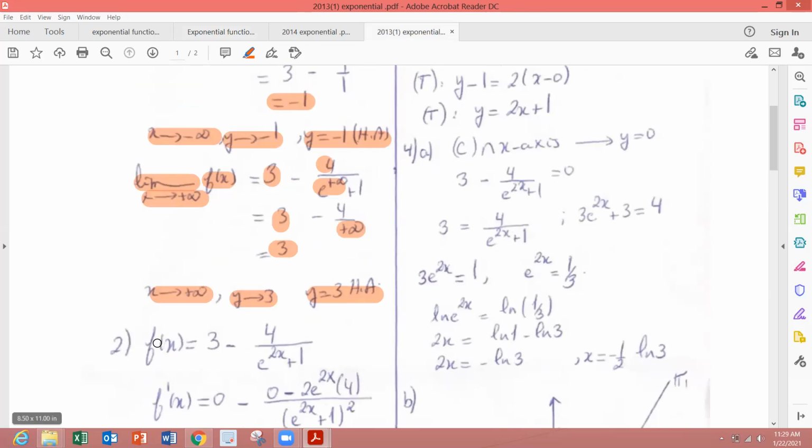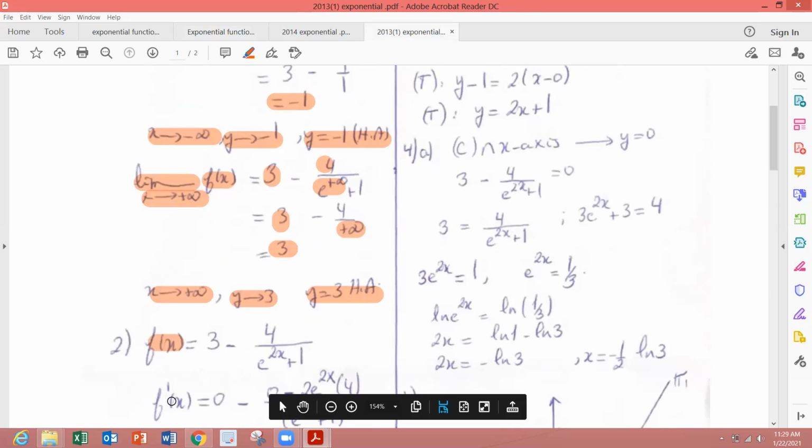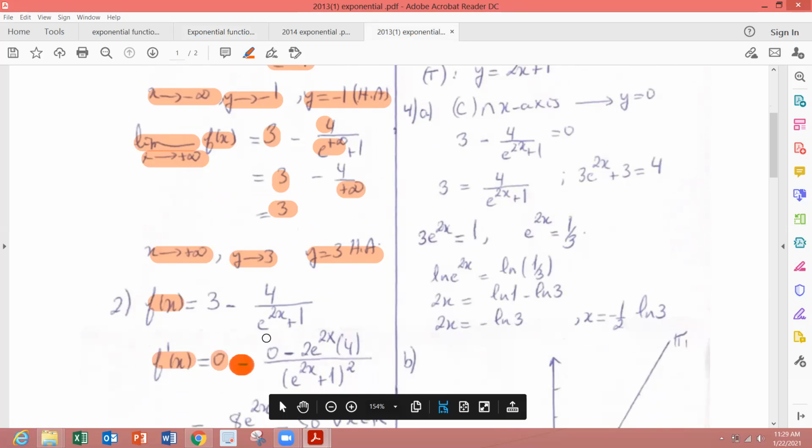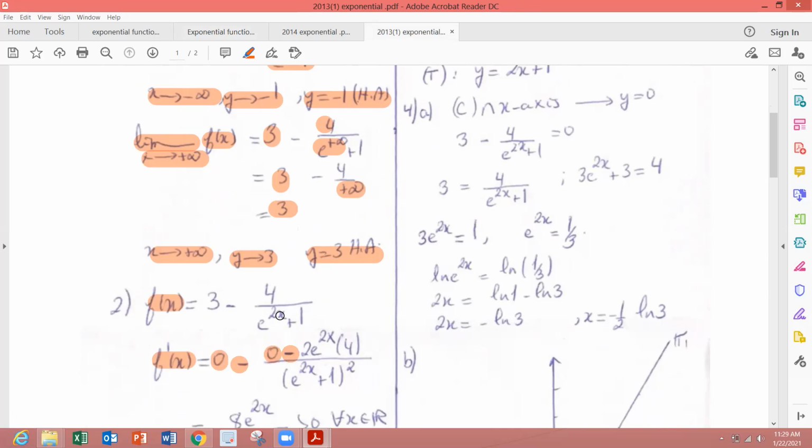So this is f of x, 3 minus 4 over e power 2x plus 1. Then f prime of x, derivative of 3 is 0, minus. This is of the form u over v. U prime, derivative of 4 is 0, minus v prime, derivative of e power 2x. First, you take the derivative of the power.